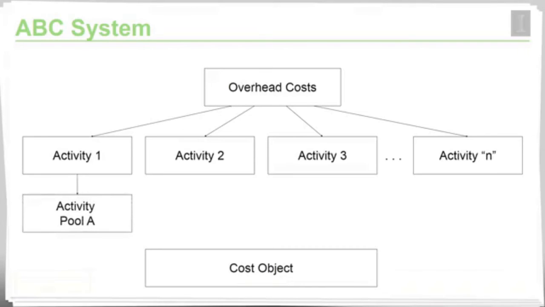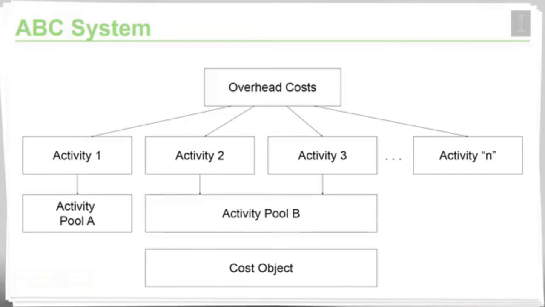Next is the grouping process. And we would identify different activities and how they roll up into different pools. Sometimes multiple activities can be included in the same pool, or each activity might have its own pool. It depends on the needs of the decision makers and how refined we would like to get with this type of system.